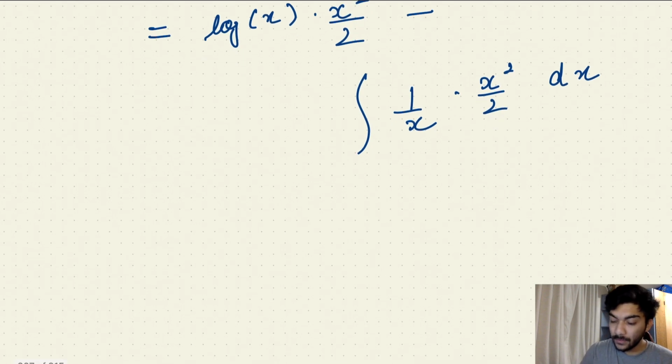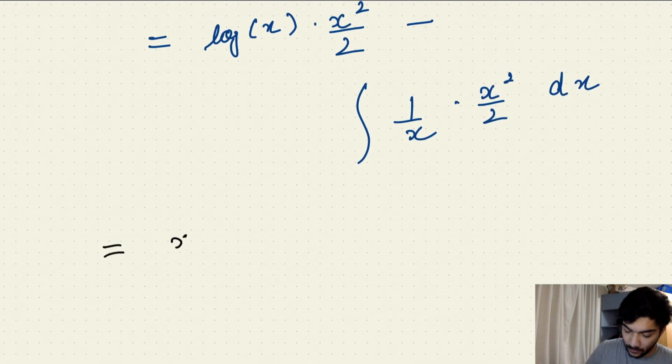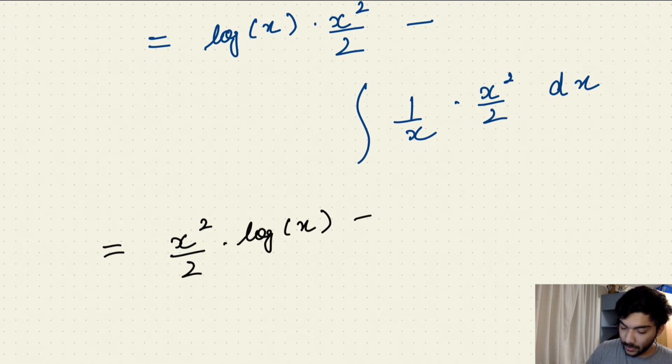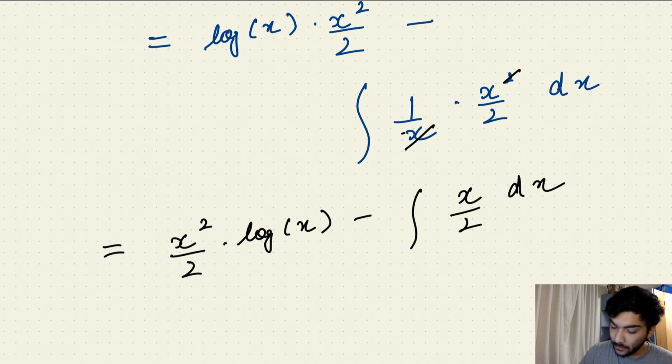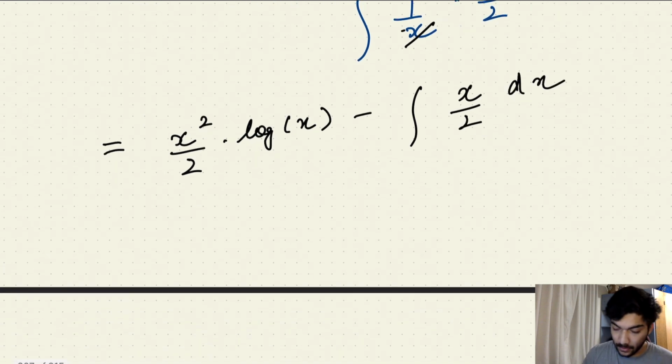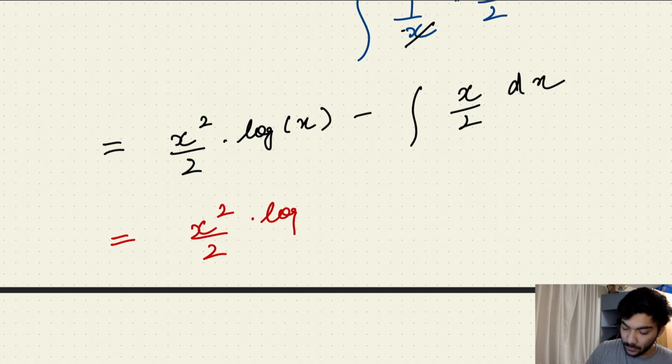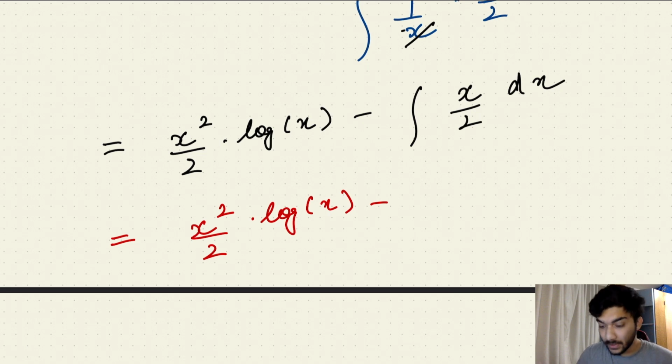So we'll take the integral of the whole expression with a dx in this case. Further simplifying it down, we are done with our first term, which is x square by 2 log of x minus, for this expression x can be cancelled out, right? So you'll be left with integral x by 2 dx over here, right? And then your final answer would be x square by 2 log of x minus integral of x by 2, which would be 1 by 2 times the integral of x dx, right?